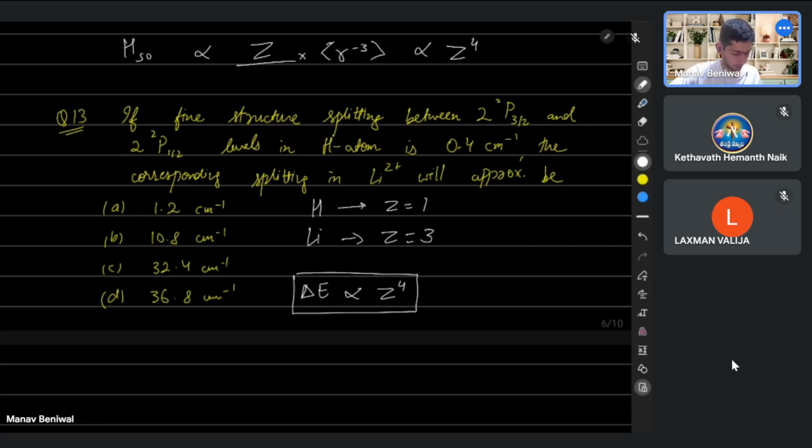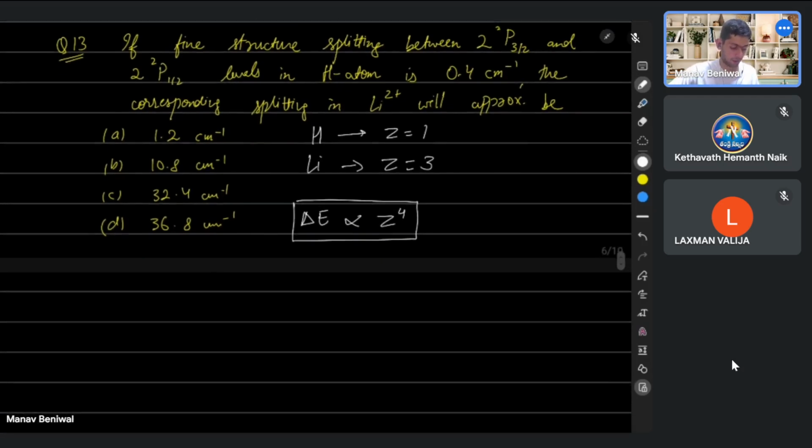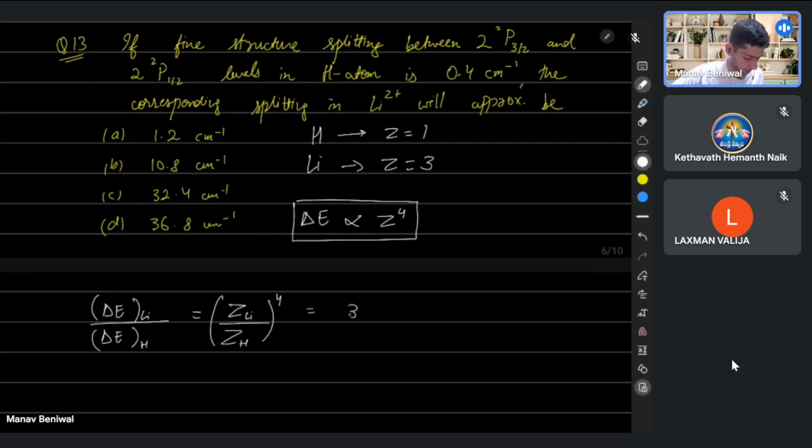So therefore we can write delta E of lithium over delta E of hydrogen. This will be Z of lithium over Z of hydrogen to the power 4, which is nothing but 3 over 1 to the power 4, or 3 to the power 4, which is 81.